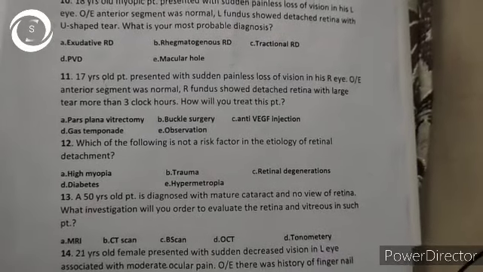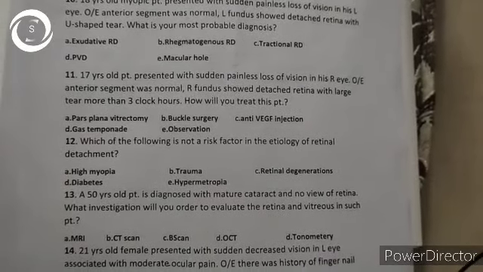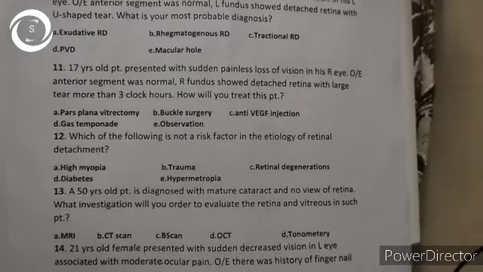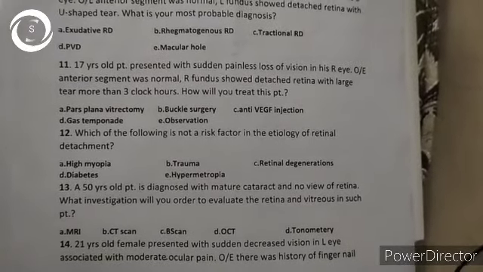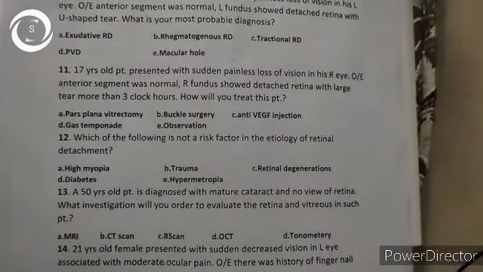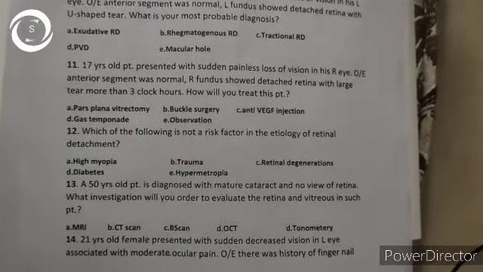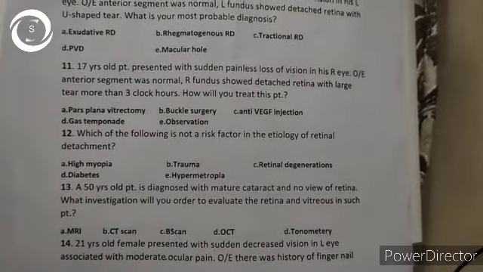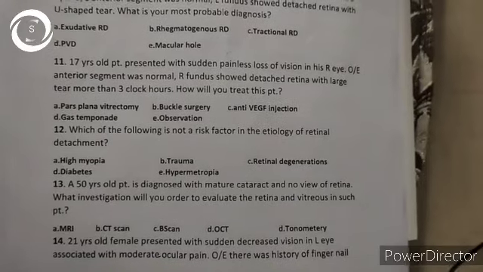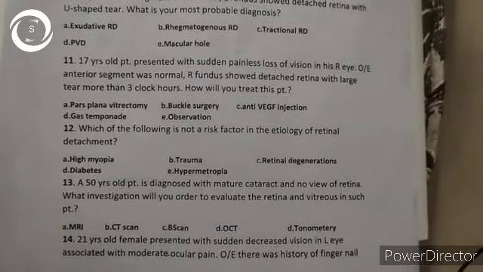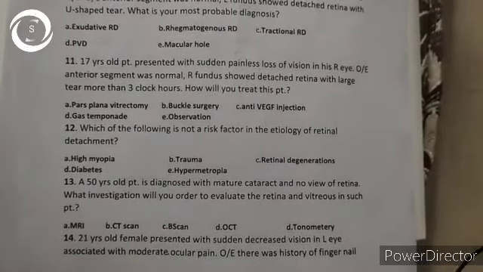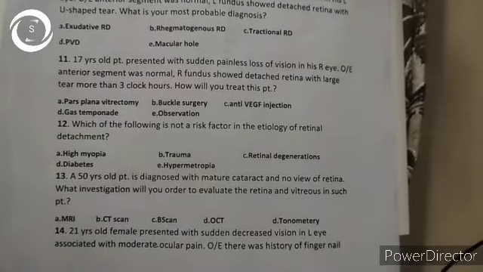Then retinal degenerations like lattice, snail track, they can also predispose a patient to retinal detachments. Diabetics can also get a retinal detachment like tractional retinal detachment, but hypermetropia is not a risk factor for retinal detachment. So 12 has answer E.